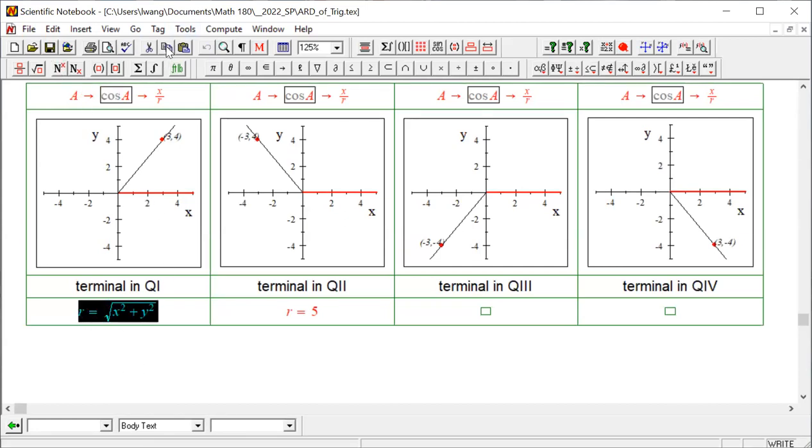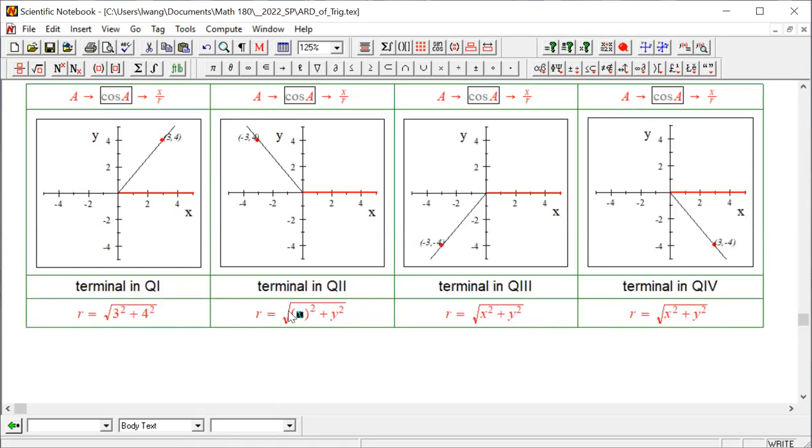Very important. In this case, it's 3 squared plus 4 squared. In that case, the point is -3, so it's -3 squared plus 4 squared.